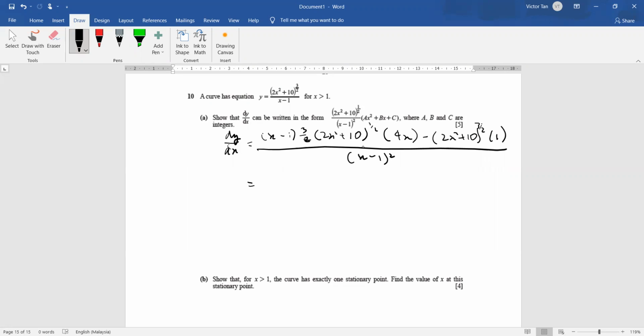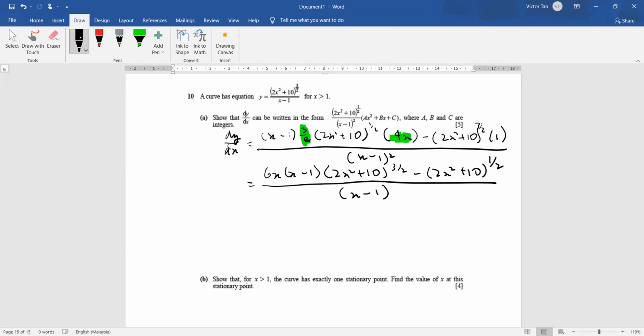This 3 over 2 times by 4x will be 6x, so I'm going to write it in front. 2x squared plus 10 to the 3 over 2 minus 2x squared plus 10, over x minus 1 squared. Now the trick here is to factorize.